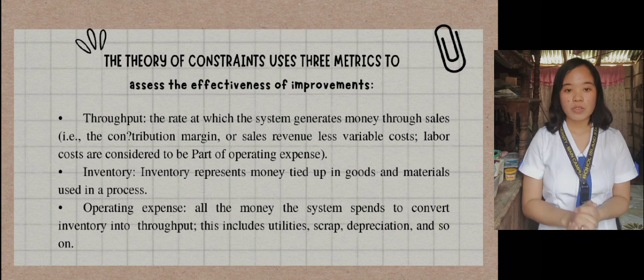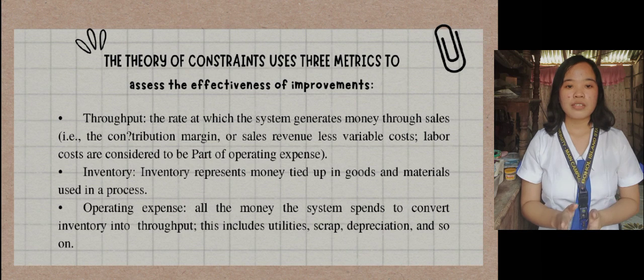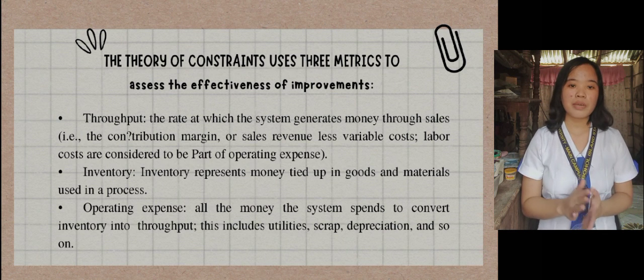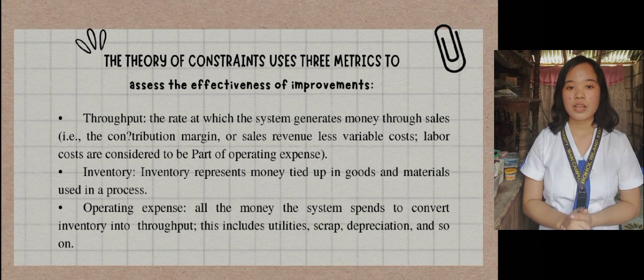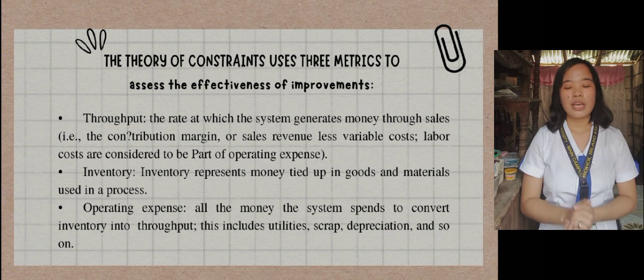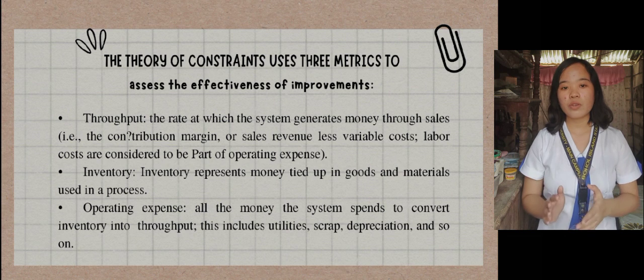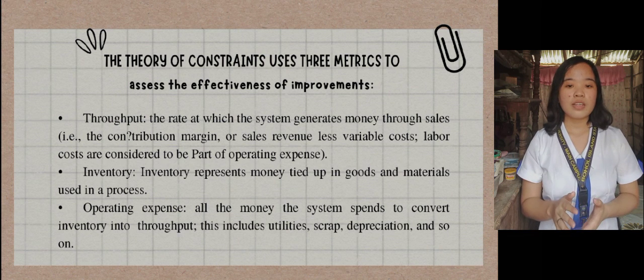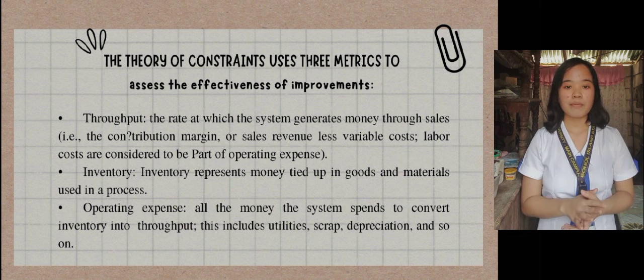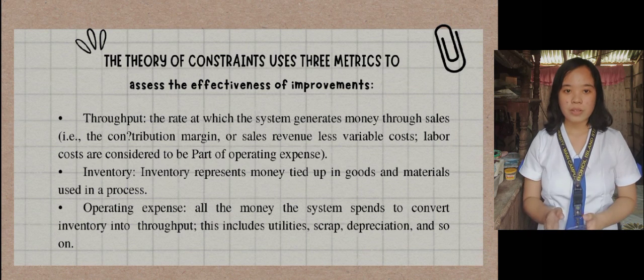Next is inventory. Inventory represents money tied up in goods and materials used in a process. Last is operating expense. All the money the system spends to convert inventory into throughput. This includes utilities, scrap, depreciation, and so on.